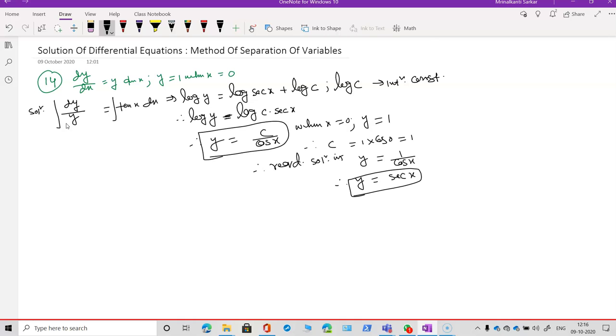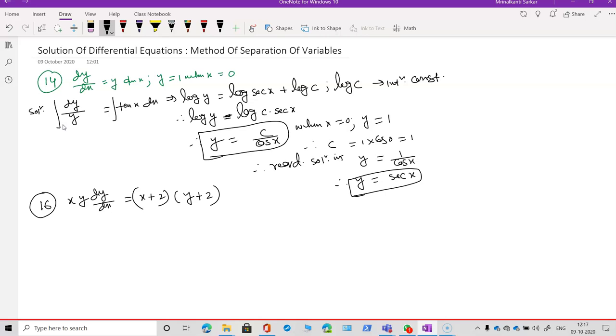Okay. Let us solve this one from the textbook only. For the differential equation, x into dy by dx equal to x plus 2 y plus 2, find the solution curve passing through 1 comma minus 1.